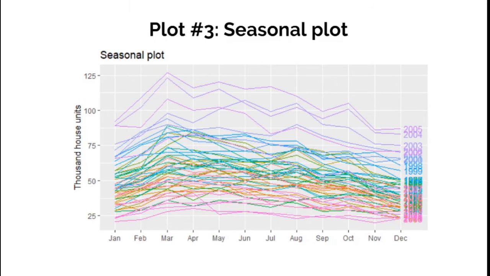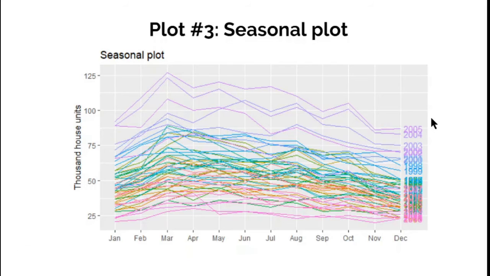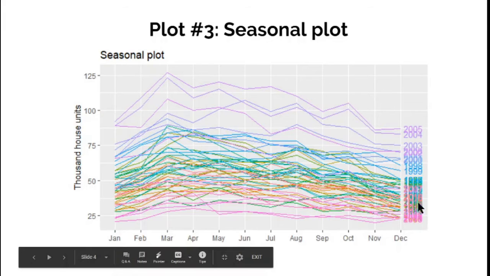So the next plot, number 3, is where we got rid of the trend. We were not interested in trend anymore, but we are interested in the seasonality, or in which months the housing sales are the highest and which months are kind of flat housing sales months. Each of the lines here represents 1 year, for example 2005, 2004, and there's a lot of overlaps here.